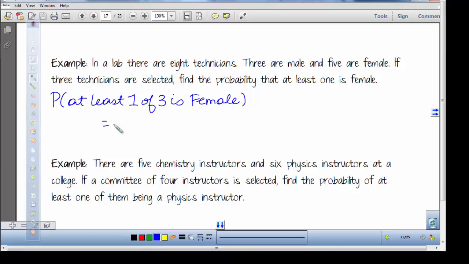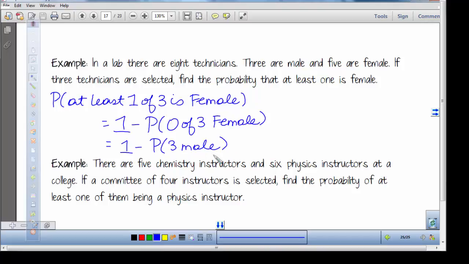Okay, and so I'm going to use 1 minus the probability that 0 of 3 is female. Okay, so if I have 0 that are female, then that must mean we have 3 that are male. Okay, and so we're talking about male and male and male.